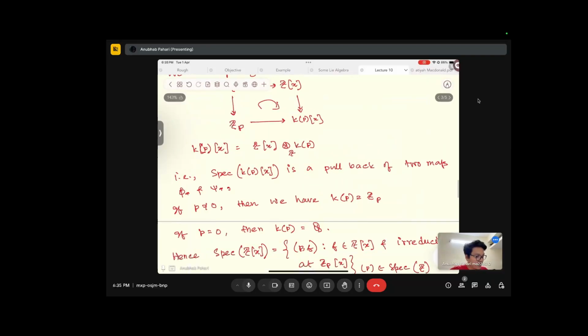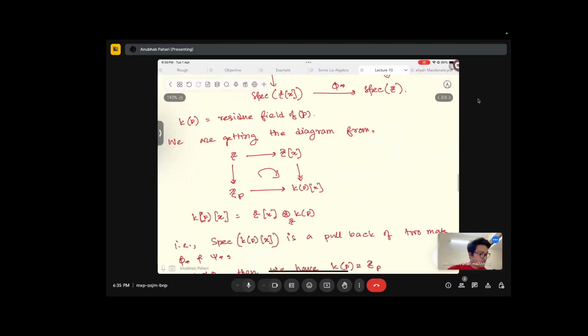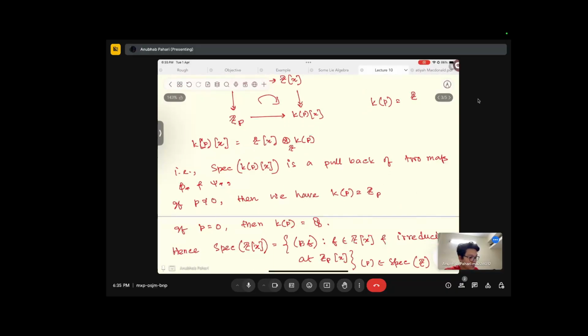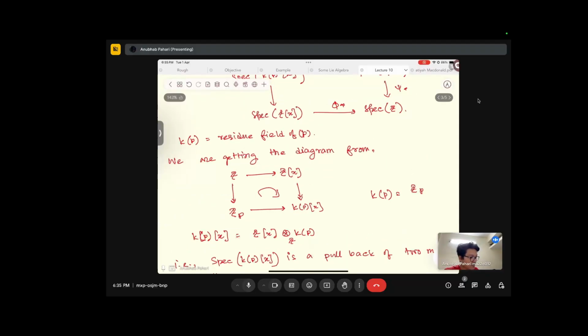So in the last one, the residue field being ZP is localized at P, and KP should be Z by P, because it should be ZP.